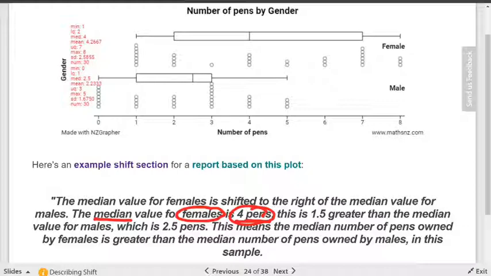So if we were in the blueberries, the median value for Jenkins is 10 blueberries. These are not difficult, but you've got to make sure you get all the information. This is 1.5 greater than the median value for males, which is 2.5 pens.